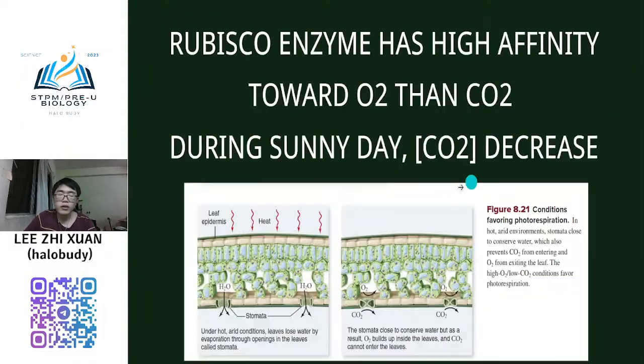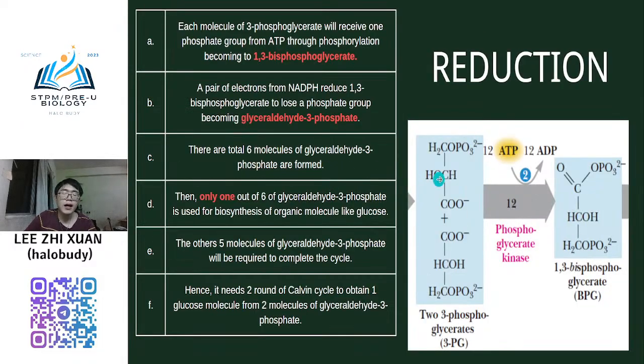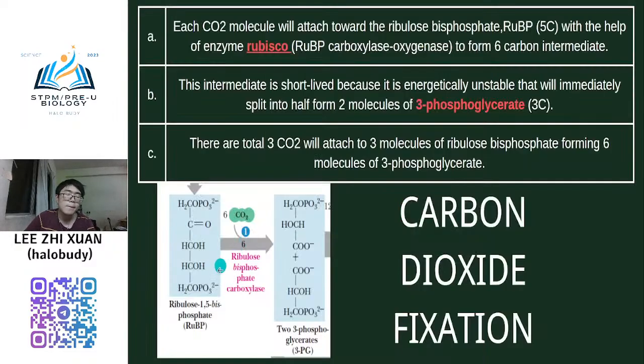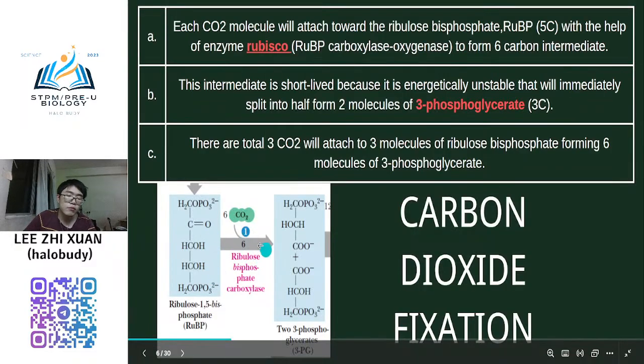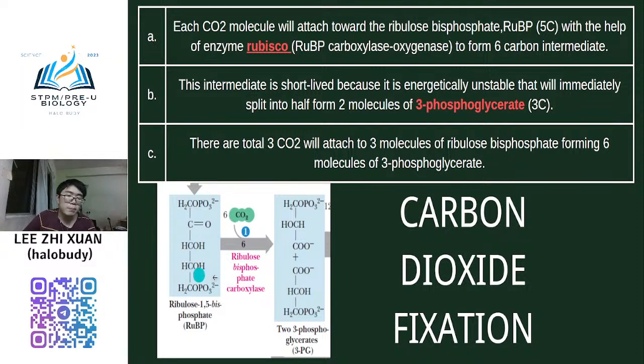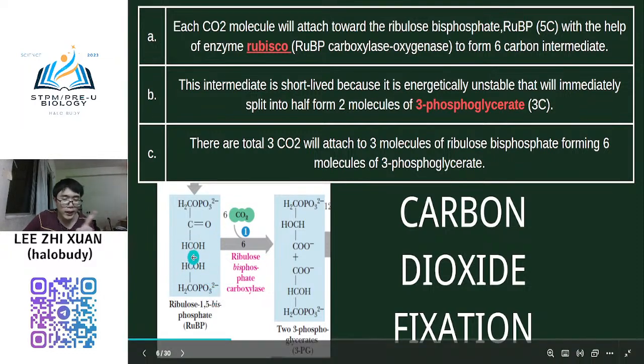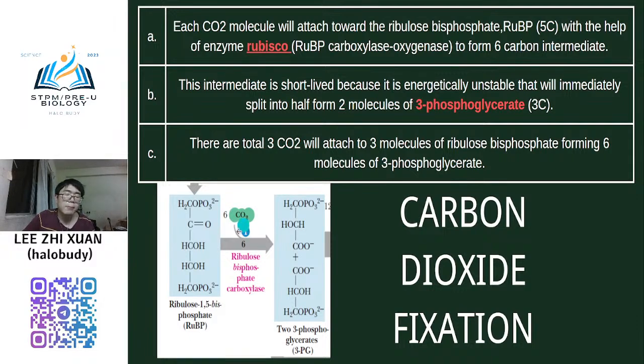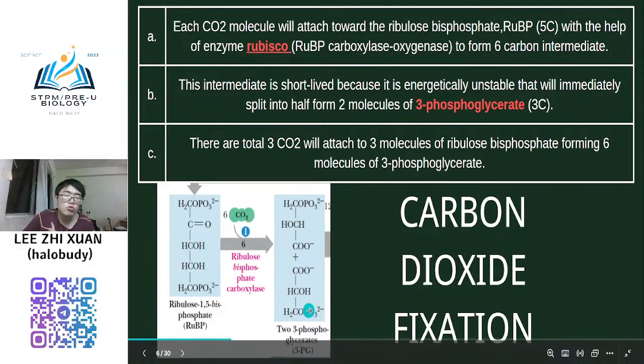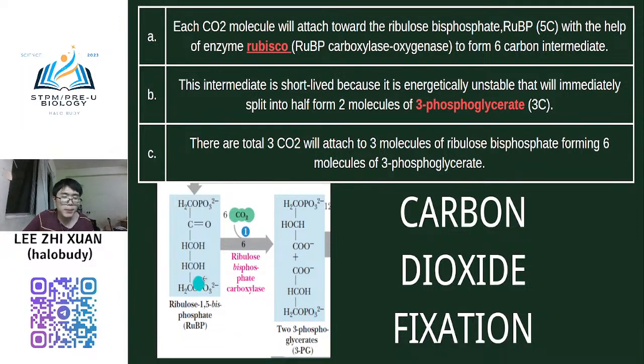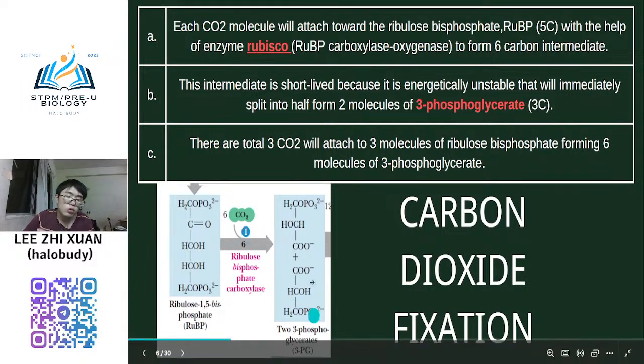If you still remember, each RuBP molecule, when fixed with carbon dioxide, will produce two 3-phosphoglycerate molecules in the normal situation.